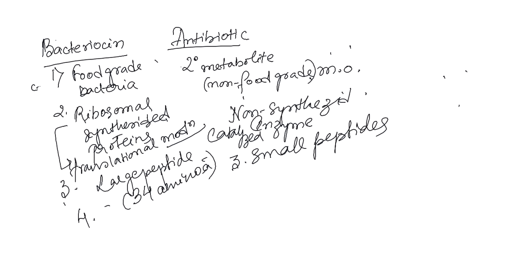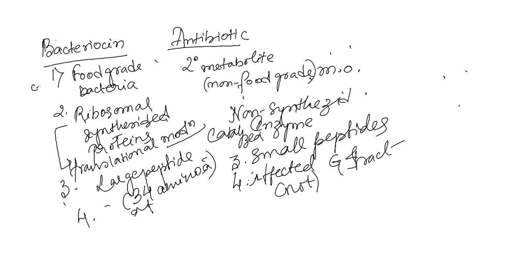Usually it is right. Then the next point is about enzymes. Antibiotics are not affected by enzymes in the GI tract. Bacteriocins, however, will get destroyed by proteolytic enzymes in the GI tract.